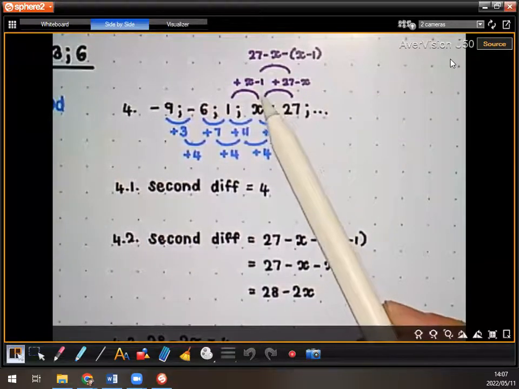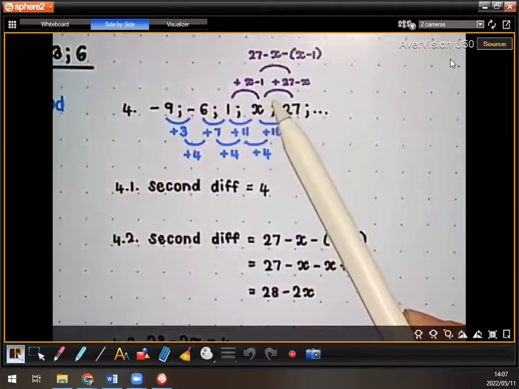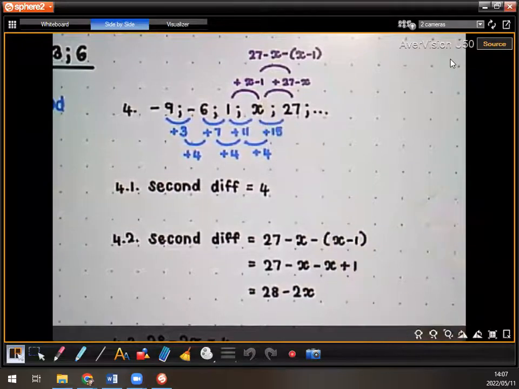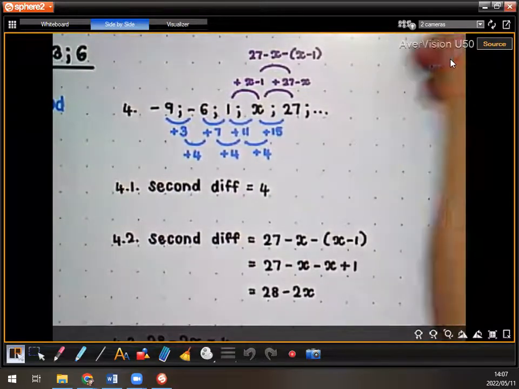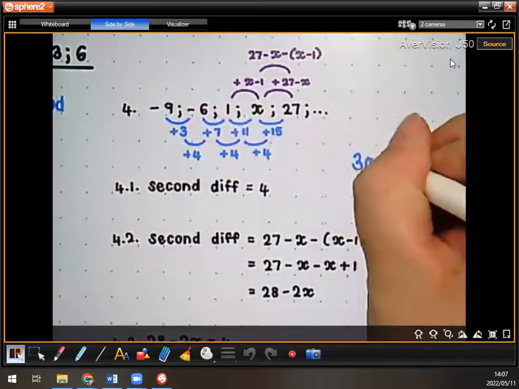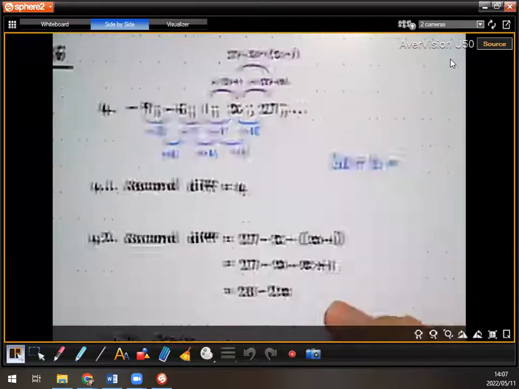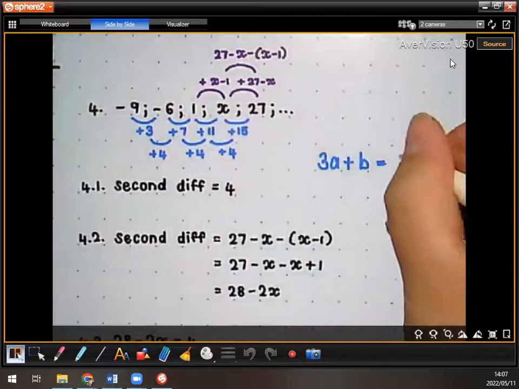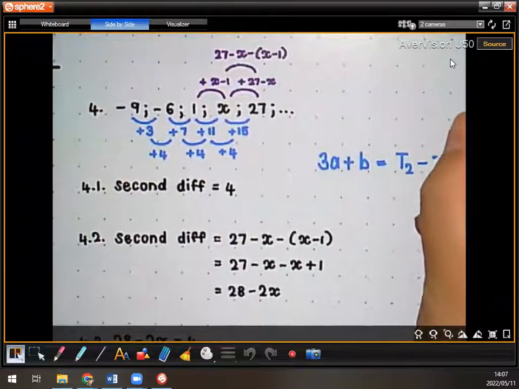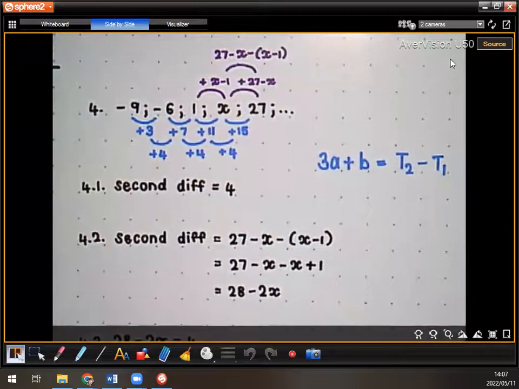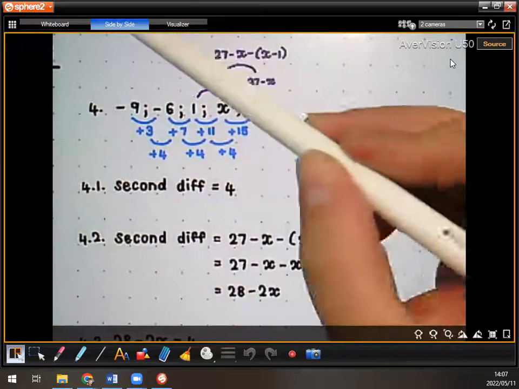Remember, your first difference is a term minus the one before. In that formula, 3a plus b, it's not really at play here, but I'm just using it as an example. That's how we wrote that formula down: 3a plus b is equal to the first difference, which is the second term minus the first term.